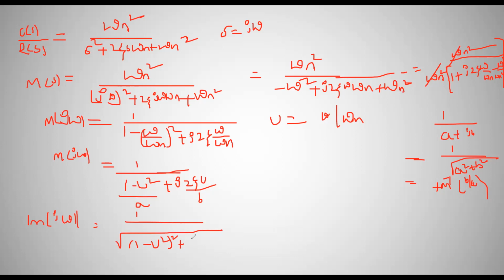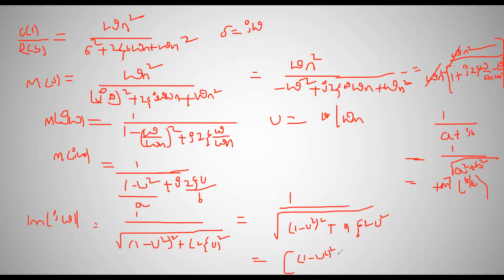What is b square? 2 zeta u whole square. So 1 by square root of 1 minus u square whole square plus 4 zeta square u square. The root comes to the numerator, so 1 minus u square whole square plus 4 zeta square u square whole to the power of minus 1 by 2.